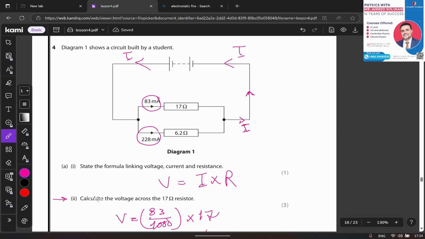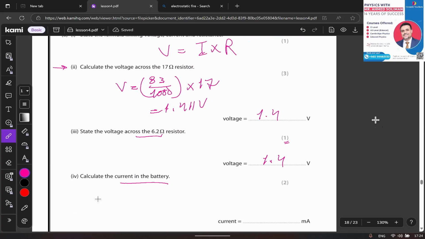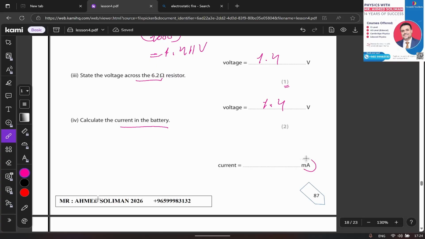83 plus 228 divided by 1000. Yes, you just have to add this. This is the current in this branch, and this is the current in this branch. This is I1, for example, this is I2. So in the parallel connection, I total equals I1 plus I2. He needs it with the same unit, so we don't need to convert.